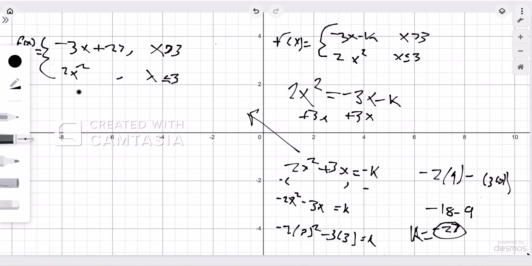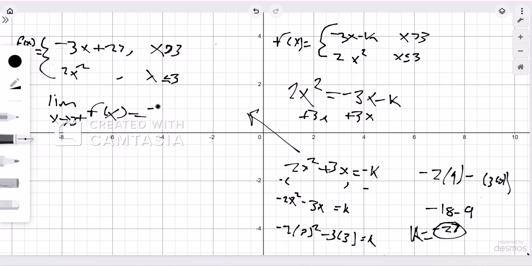So let's put this in limit form to see if it's continuous. The question is, we're given k, and we're going to see if both the functions are continuous at 3. So the limit as x approaches 3 from the right side, because x is greater than 3, we're going to plug in 3.